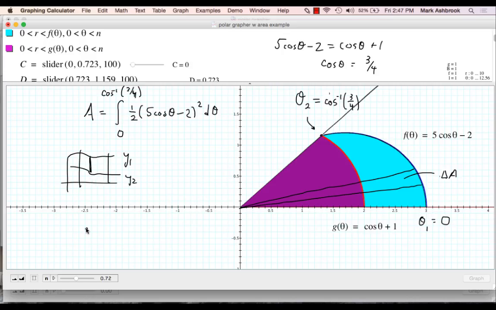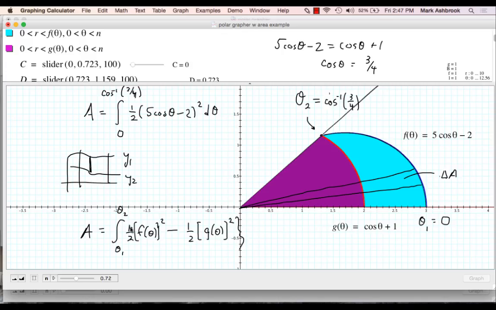So for this one, we're going to do the same bounds, theta 1 to theta 2, 0 to theta 2. And we're going to do 1/2 f theta squared minus 1/2 g theta squared. Don't do f minus g quantity squared.